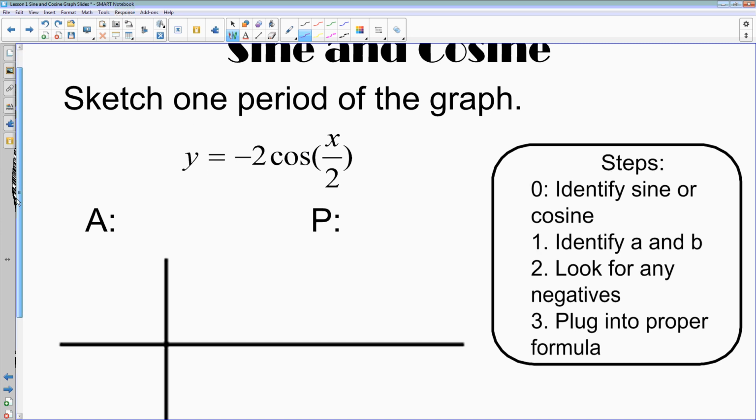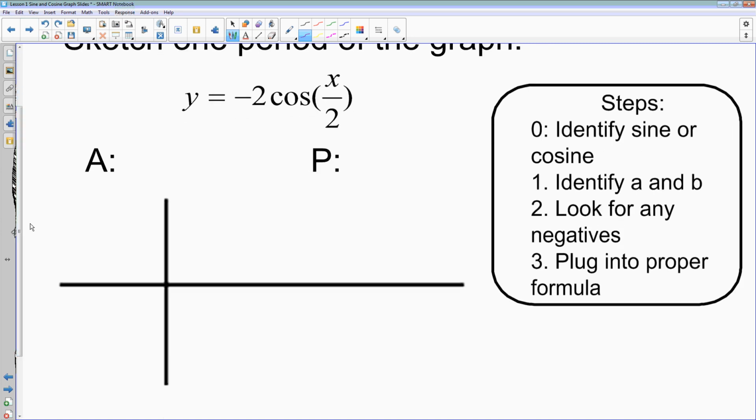Now this graph says y equals -2 cosine of x over 2. So my amplitude is still 2, even though this is a negative, but the negative tells me I'm going to flip. So instead of starting up at the top for cosine, we're going to end up starting down at the bottom. Now my b value is 1/2, so my period is 2 pi divided by 1/2.